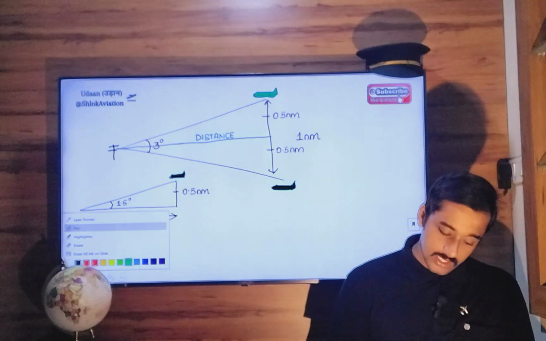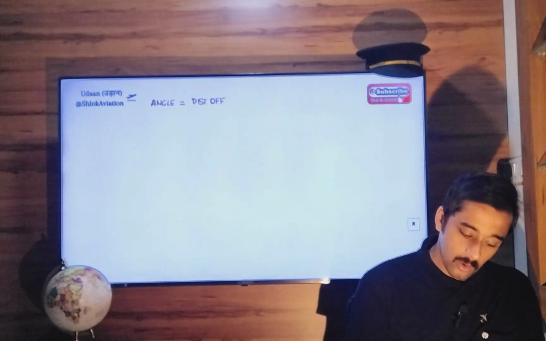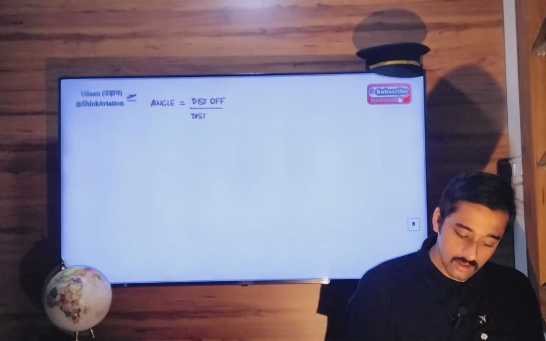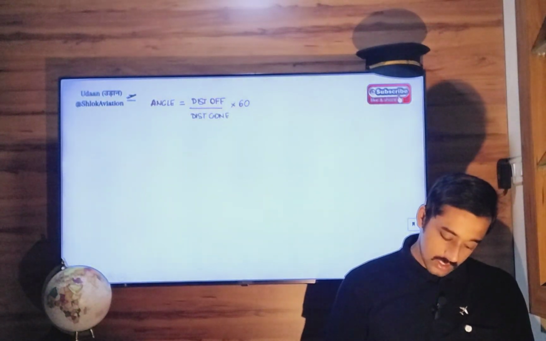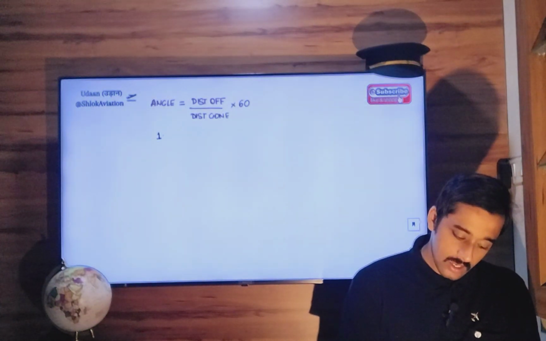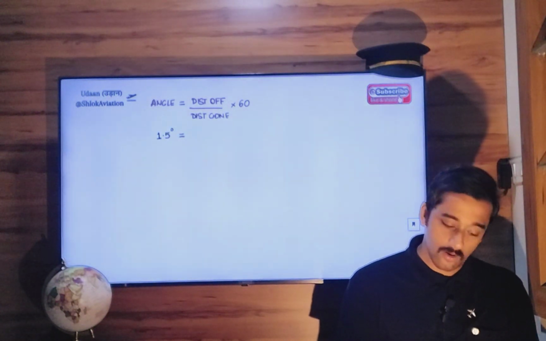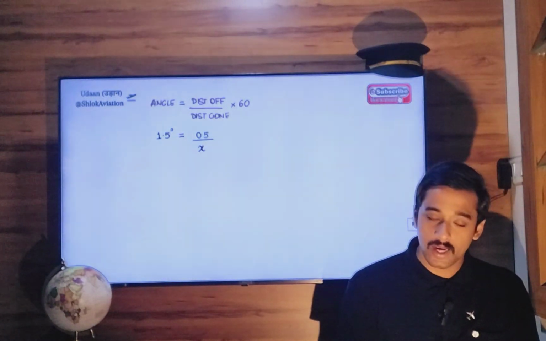So let's use the 1 in 60 rule, which says angle equals distance off track upon distance gone, into 60. The angle is 1.5 degrees. Distance off track is 0.5 nautical miles. Distance gone is what you have to find out.